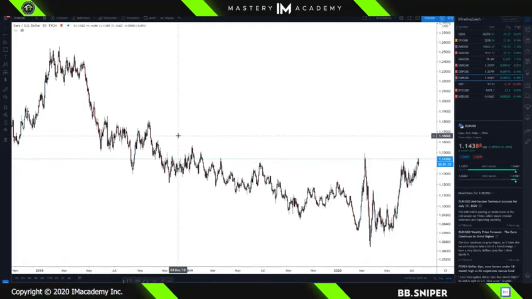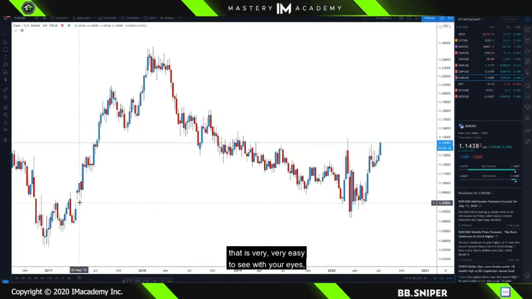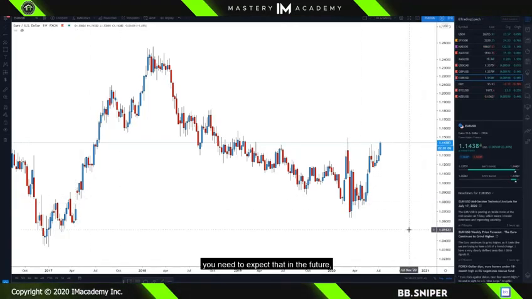If in the past a specific price level or region was able to generate enough market participation to move with such force that it caused a physical gap that is very, very easy to see with your eyes, you need to expect that in the future, that is going to be a magnetic and highly sensitive area for price.